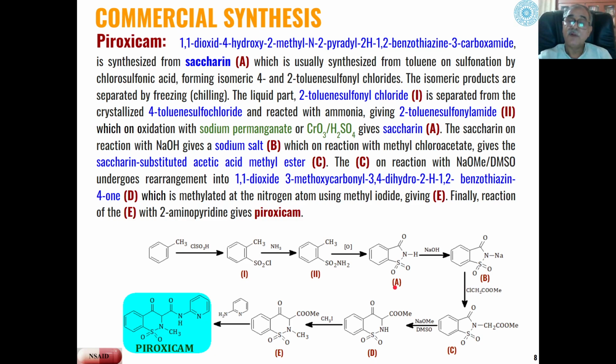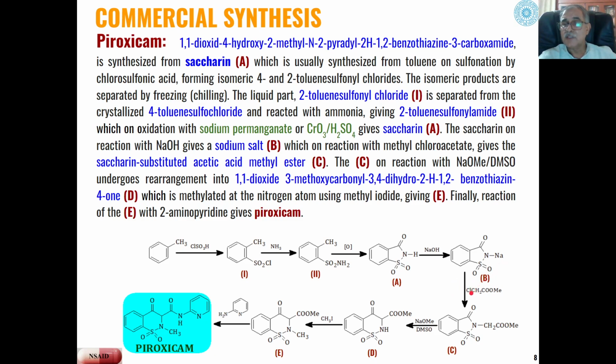Now saccharin, when this is reacted with sodium hydroxide, the sodium salt of saccharin is formed. This sodium salt on reaction with methyl chloroacetate: basically this nitrogen will act as a nucleophile and attack this carbon with the removal of Cl from here.